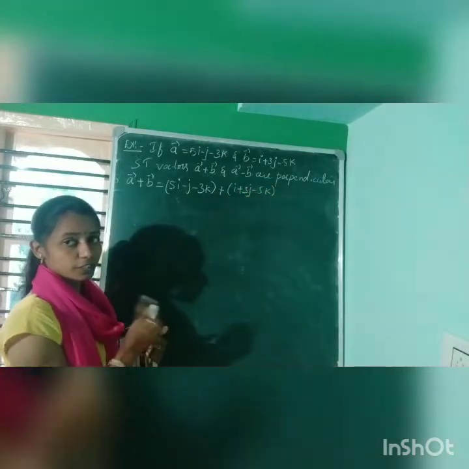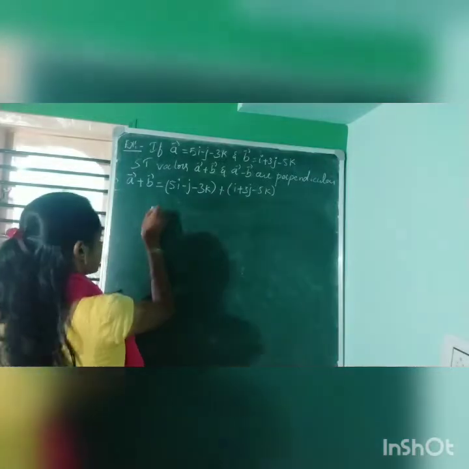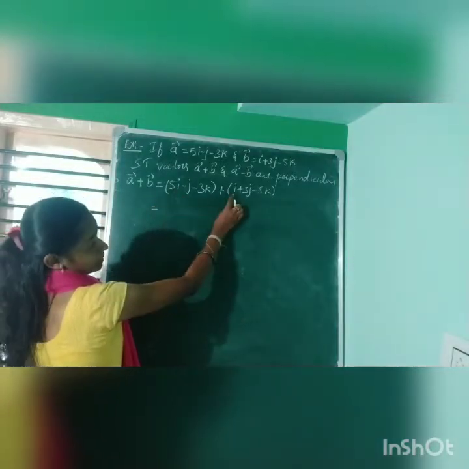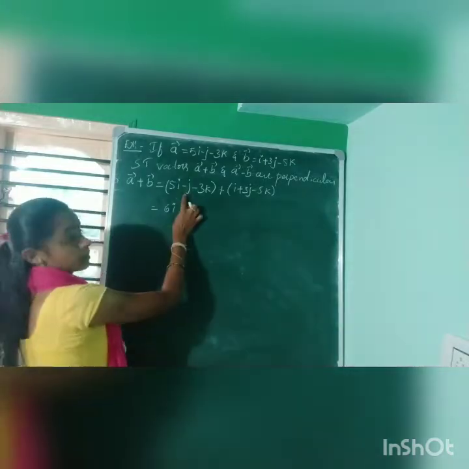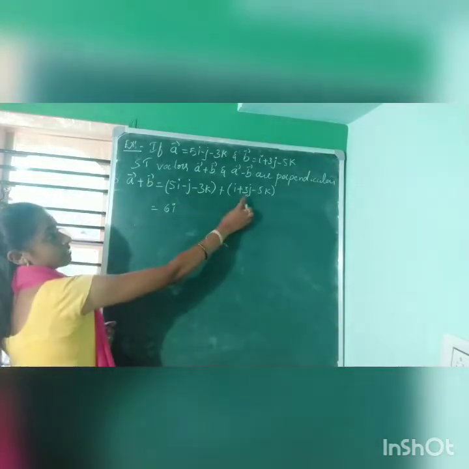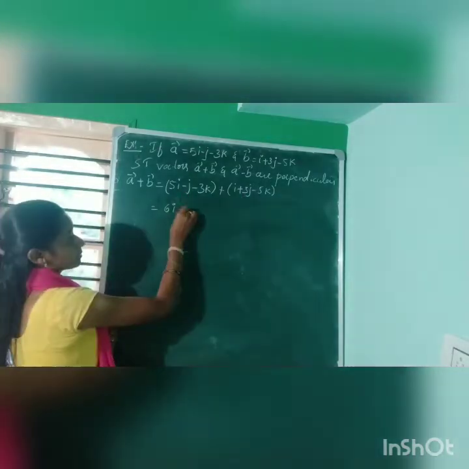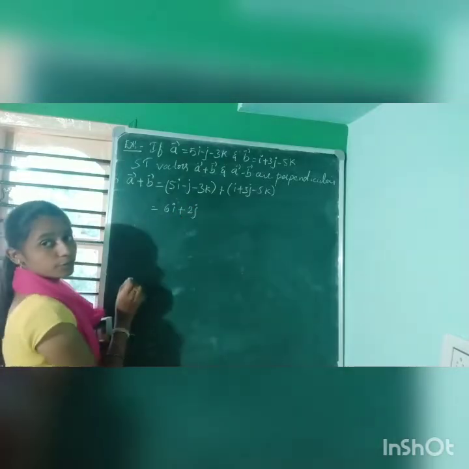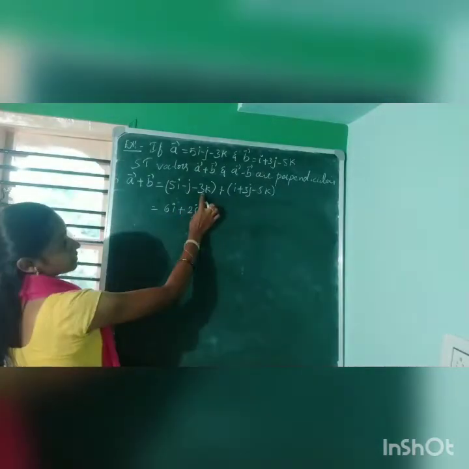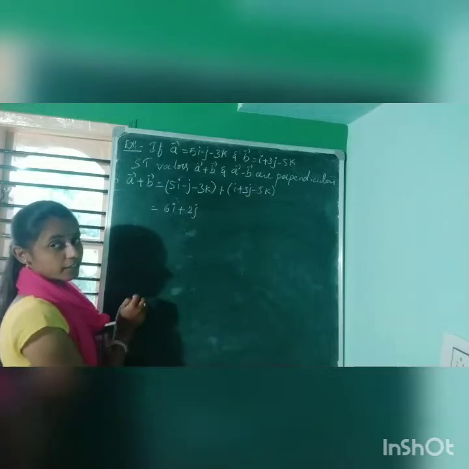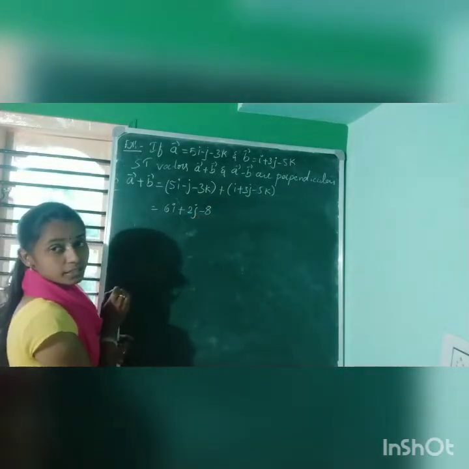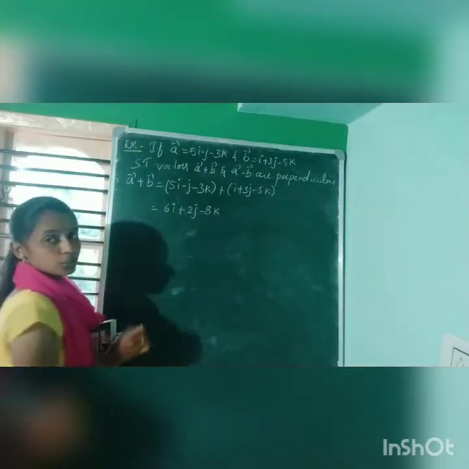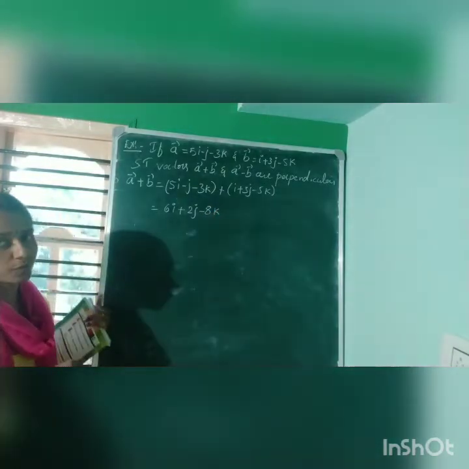You need to take the sum of these two vectors. Now 5i plus i is nothing but 6i. Next is minus j and plus 3j, which is plus 2j. Clear? Next is minus 3k minus 5k. Both are negative. You need to add them and write the answer with a negative sign, minus 8k. So this is the sum of the given two vectors.